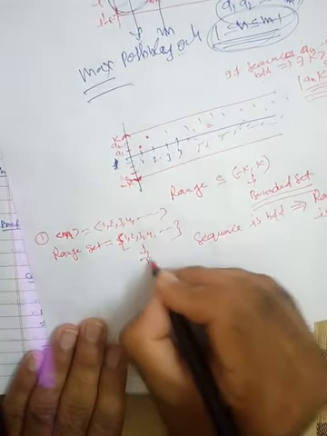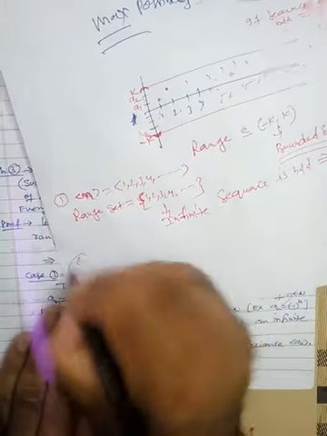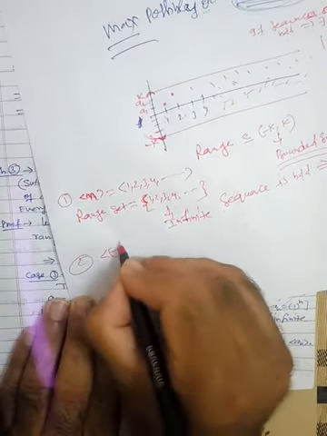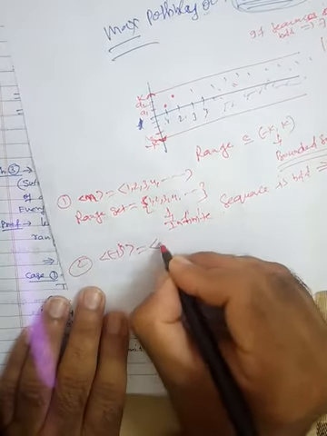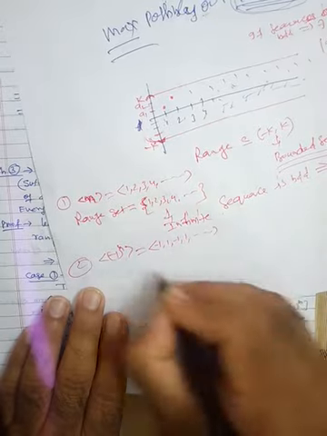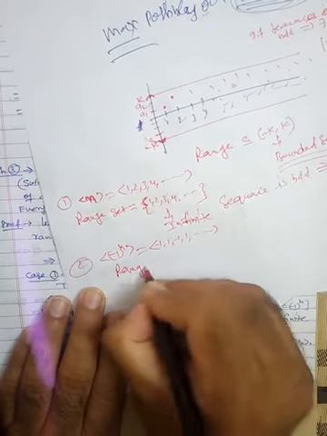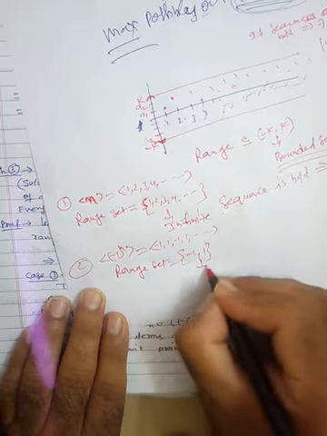This is infinite. But the second option: suppose we have minus 1 raised to the power n, then we have 1, minus 1, 1, minus 1, 1 and so on, and the range set will be minus 1 and 1. This is finite.